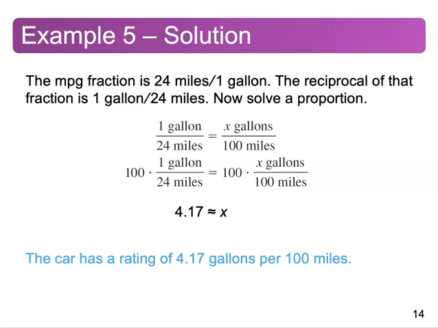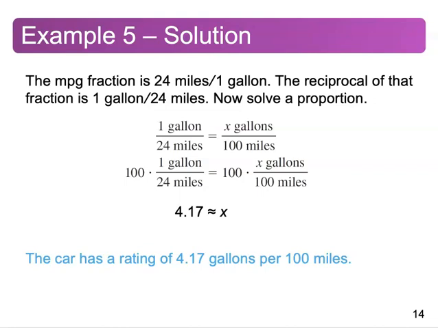But we're actually going to set up a proportion where we do gallons per miles. That is how the calculation for the EPA is being done, where they're looking at the number of gallons it takes to drive 100 miles. So because of that, we need to switch that 24 miles per 1 gallon, do the reciprocal, make that 1 gallon over 24 miles so that we have our consistent proportions.